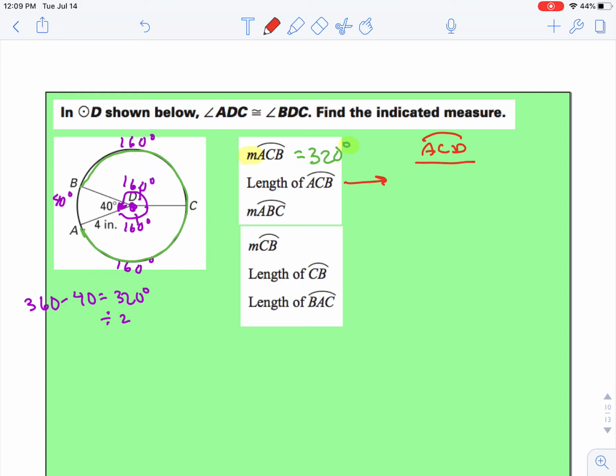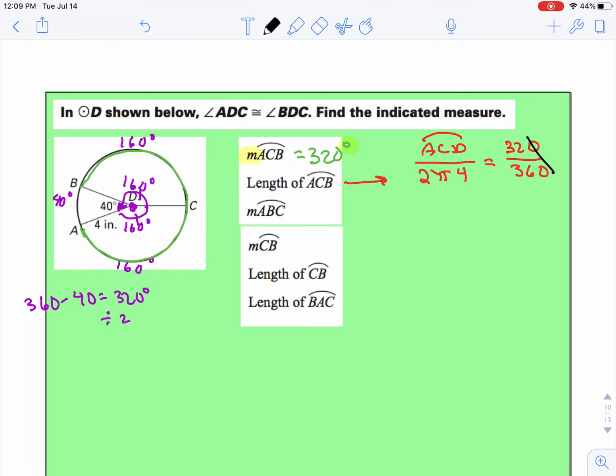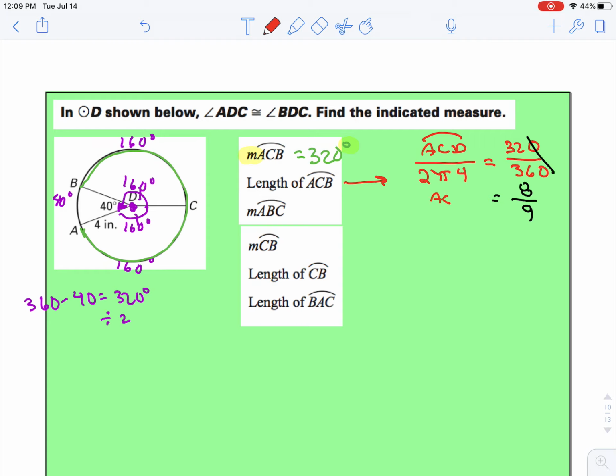Okay, so remember, the length of arc ACB compared to the whole circumference, which is 2 times pi times my radius of 4, is going to be in the same ratio or proportion as the degree measure, which we found was 320 compared to 360. So again, I could reduce this fraction. I could reduce that to 8/9 just to make my math easier.